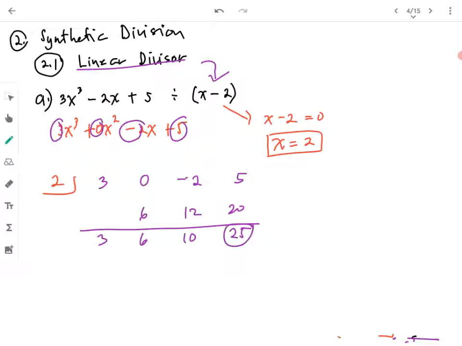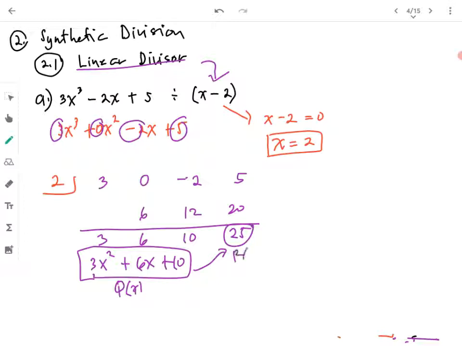That is our remainder. So from x cubed, we'll just move one exponent backward. So from 3x cubed, this becomes 3x squared, and then 6x plus 10. So this is our quotient, the q of x, and this is our remainder, the r of x.